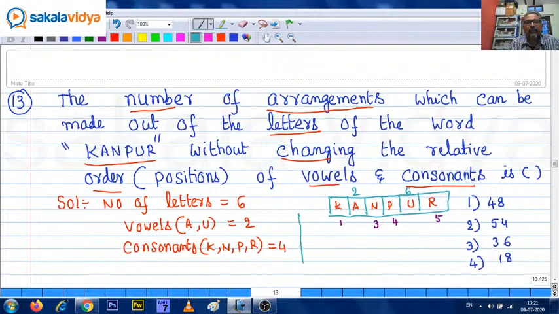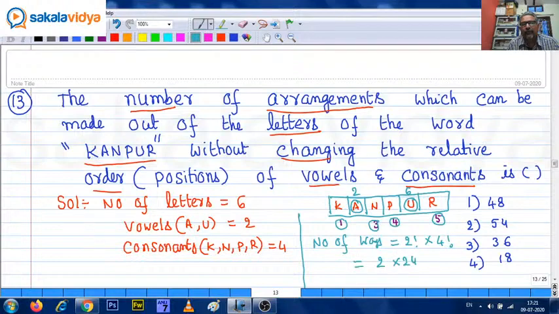So the number of ways is equal to: first, these 2 places are filled with the vowels. That can be done in 2 factorial ways, and the consonant places can be filled in 4 factorial ways. 2 factorial is 2, 4 factorial is 24.